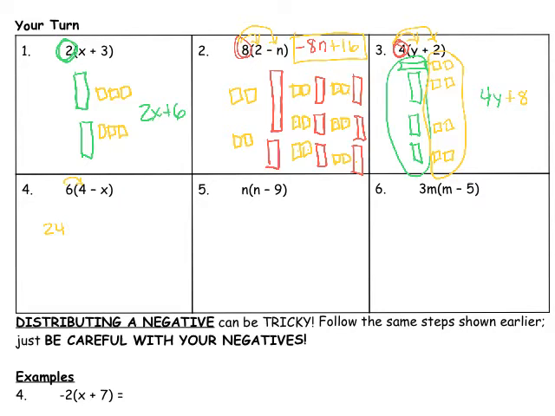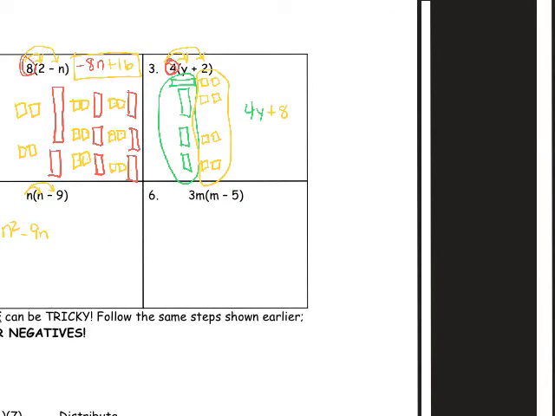And we need minus x 6 times, which is negative 6x. We're going to have n times n, which is n squared, and n times negative 9, which is minus 9n. And we have 3m times m, which is 3m squared, minus 15m.